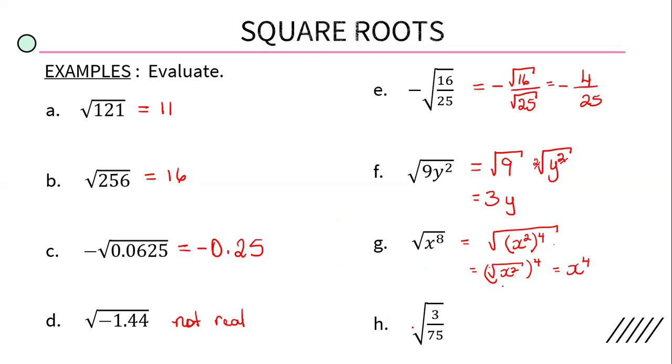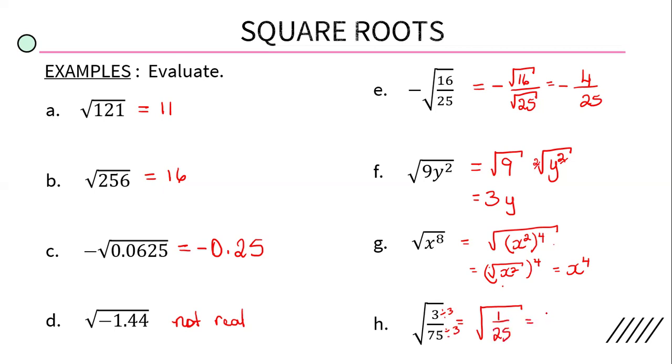Now we have the square root of 3 over 75. Now I don't know the square root of 3. I don't know the square root of 75. But look, I am able to do some working here. 3 can go into 3 once. 3 can go into 75, 25 times.